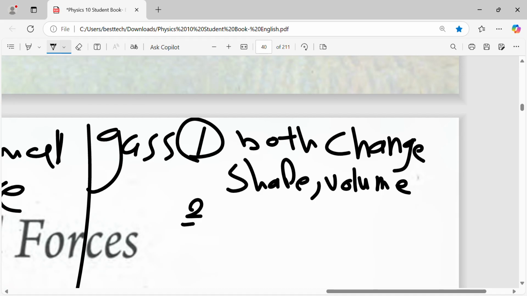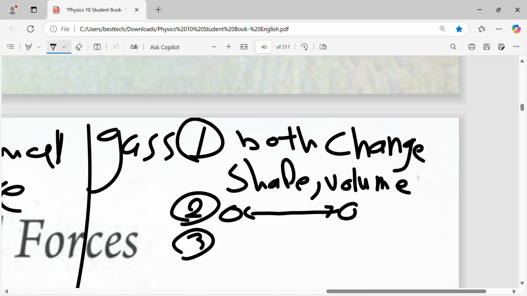The second property, guys: the distance between the molecules of gas is so large. So the third property, that's why there is a weak force. There is a weak force because the distance is large. I told you, if small distance, large force. If large distance, weak force.